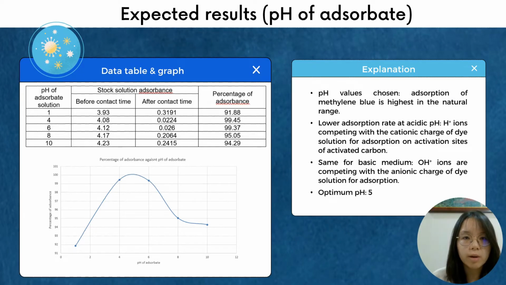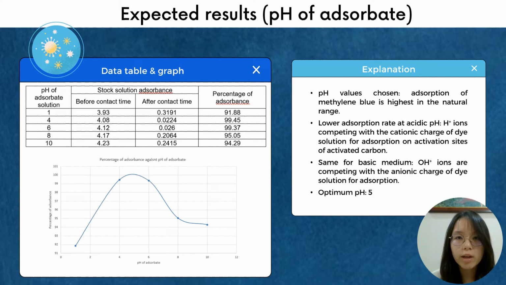I would like to talk about the expected results when different pH of adsorbates are used. So in our experiment, the pH of adsorbate solution are 1, 4, 6, 8, and 10. The reason for this is that from the literature, it is evident that the absorption of methylene blue is highest in the neutral range.